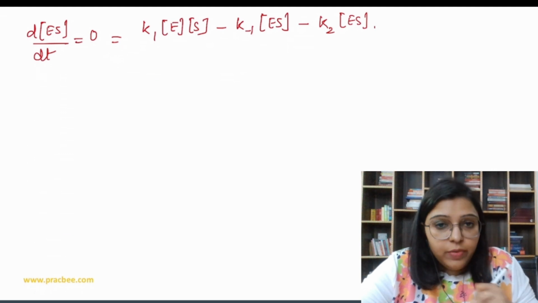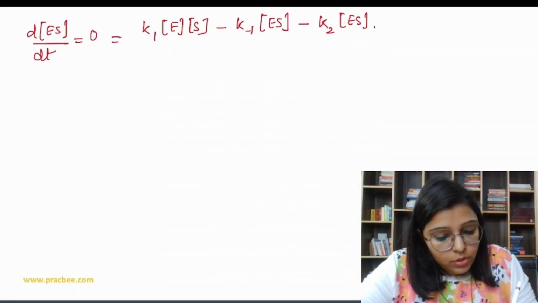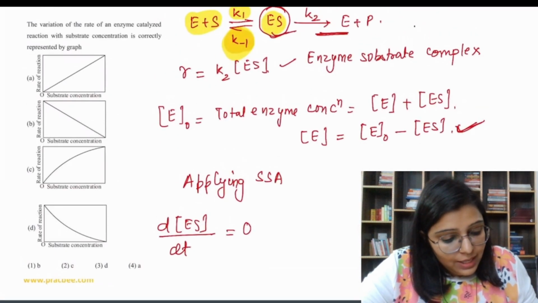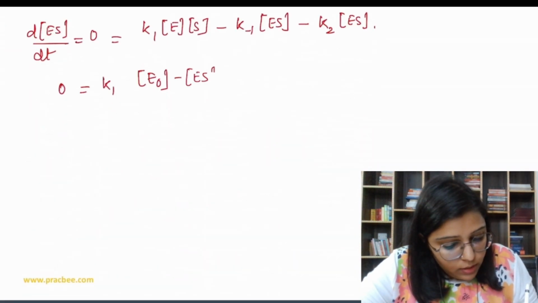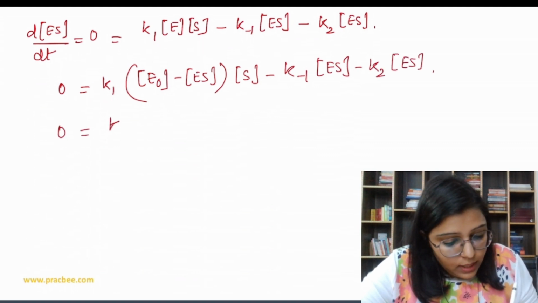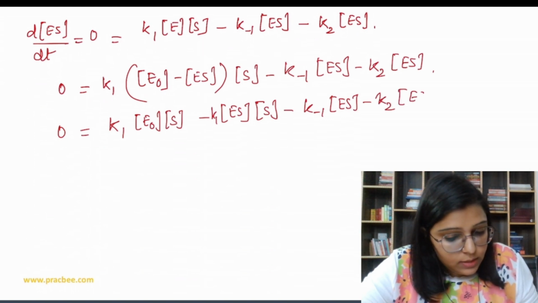Okay, now let's put the value of E over here. So E's value is what? E naught minus ES. So let's put this. So we get 0 equals K1 E naught minus ES, then S, minus K minus 1 ES minus K2 ES. Okay, which we can write as K1 E naught S minus K1 ES S minus K minus 1 ES minus K2 ES.